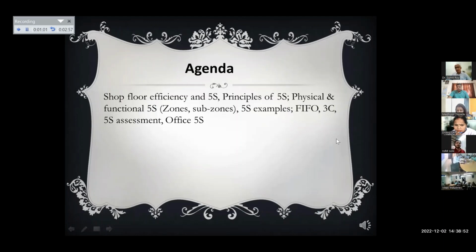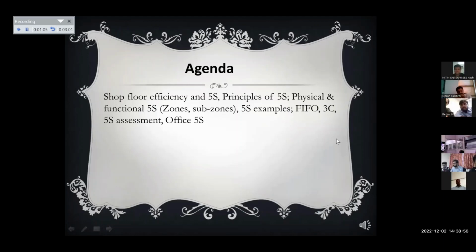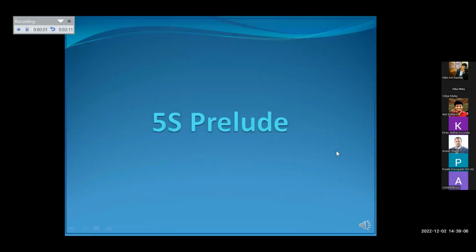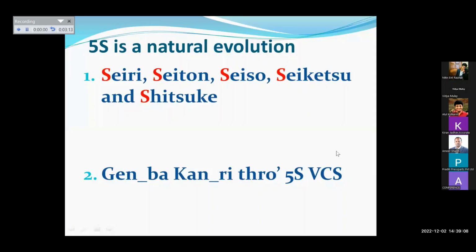How do you conduct 5S assessment, and office 5S. So Omkar will take you through these concepts and how you go for practical conceptualization and implementation also. And then I will be talking to you about some of the 5S prelude. How did it start really?